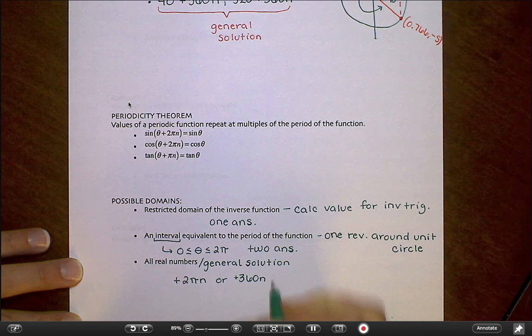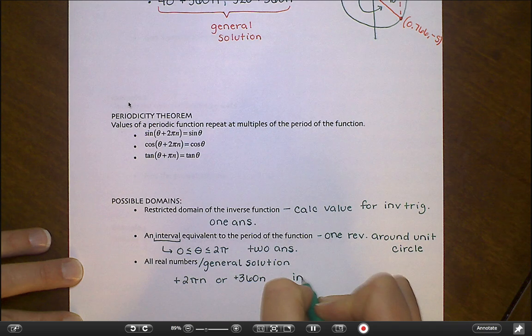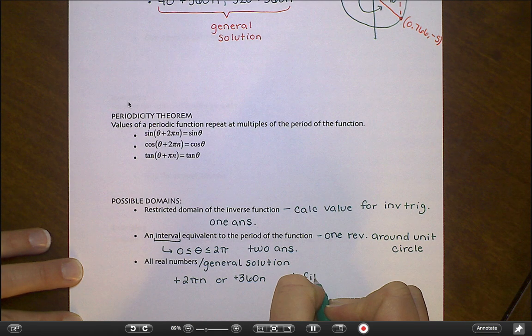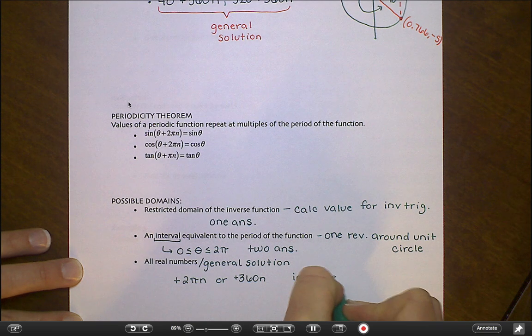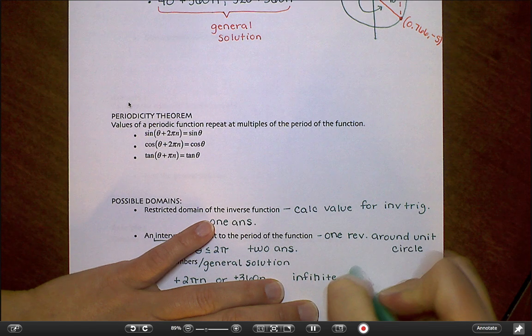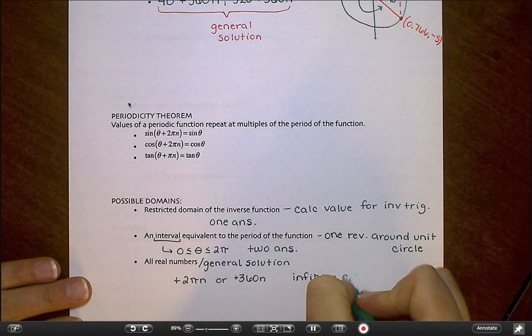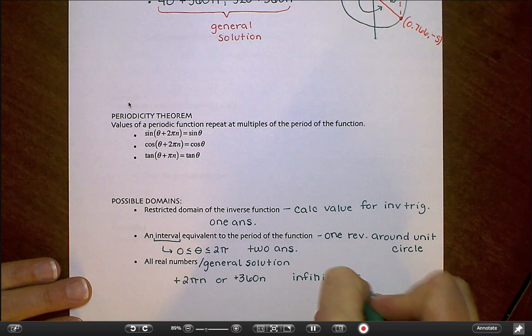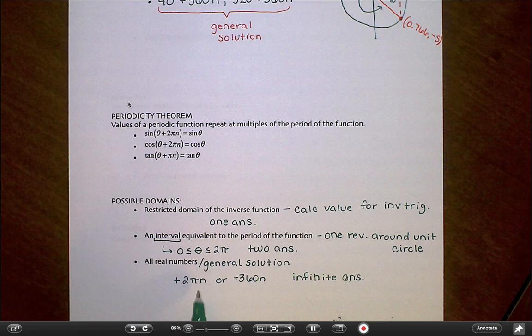Okay, and this is an infinite number of solutions. An infinite number of answers, okay? But they're periodic, which means they repeat, and that's what lets us get away with generalizing this way, okay?